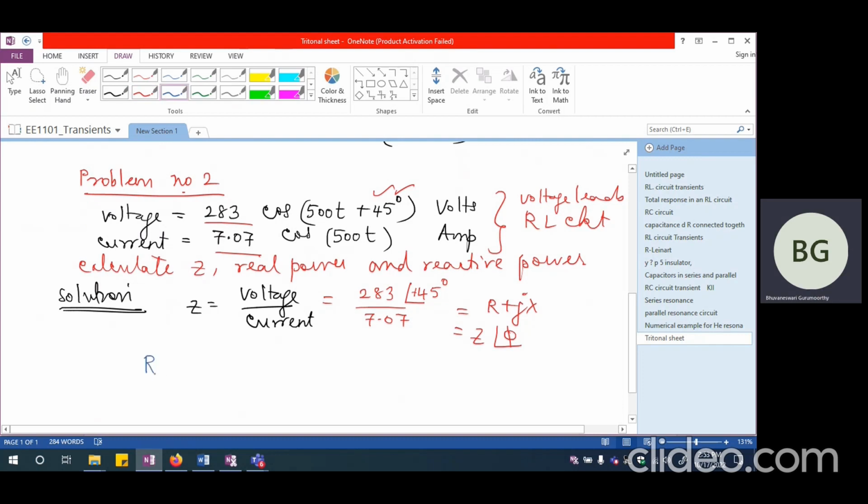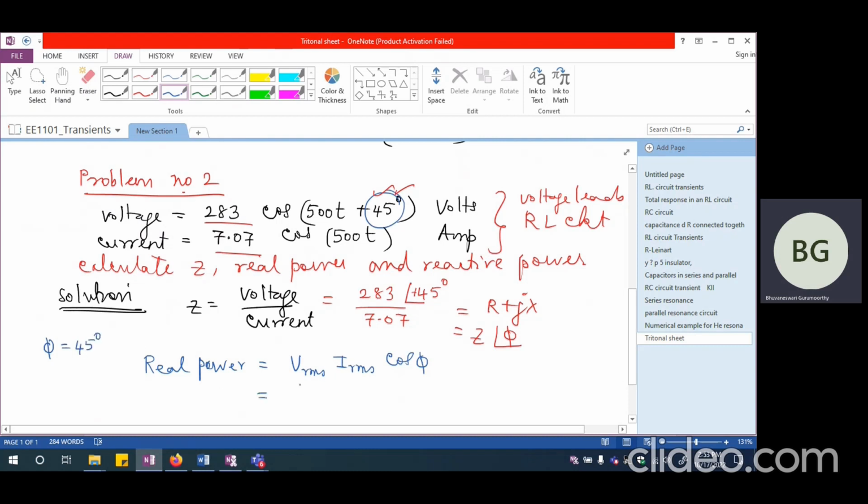Now, real power is going to be V RMS, I RMS, and cos of the phase angle between voltage and current. In this particular case, the phase angle is 45 degrees.